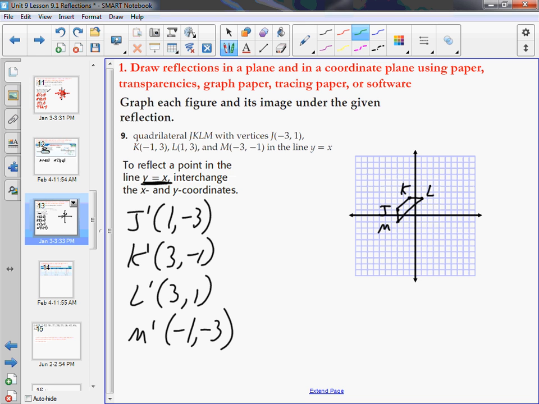And then let's graph these. So J prime is 1, negative 3. K prime is 3, negative 1. L prime is 3, 1. And M prime is negative 1, negative 3.